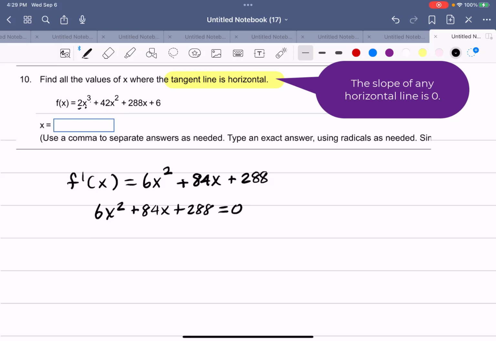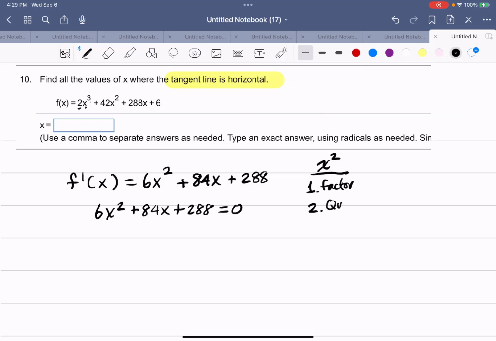Now, when you have an x squared equation, you can either factor it or you can use the quadratic formula. But before you try either one of these, you should see if there's a common factor in each of the terms. And in this case, it is 6.